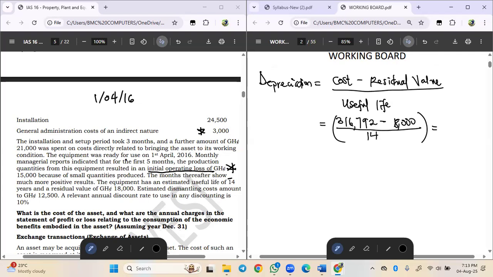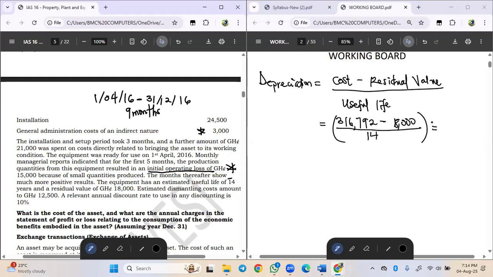Now, the equipment was ready for use. That is when you start calculating depreciation. I told you that we care about the date it was ready for use, not the date it was put to use. It was ready for use on 1st April. To the reporting date, 31st December 2016, how many months do you have here? 9 months.